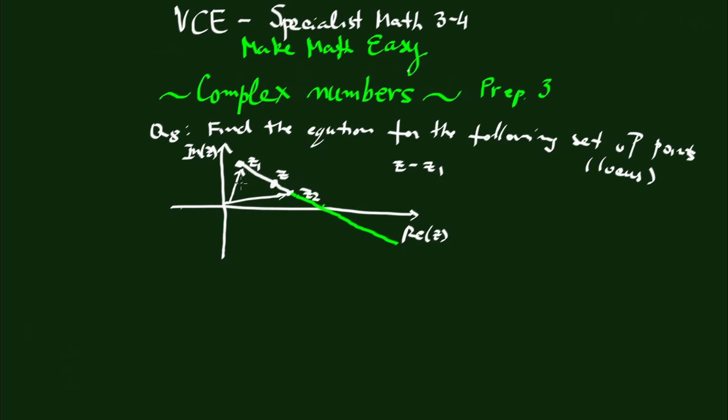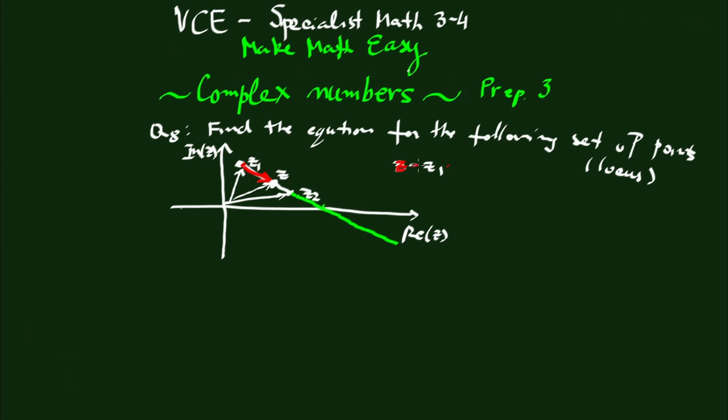That vector would be, say, this vector z. So z minus z1 goes from z1 pointing to z. That would be that vector. Let's do it in red. That's the z minus z1 vector.